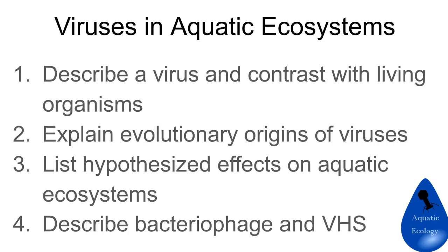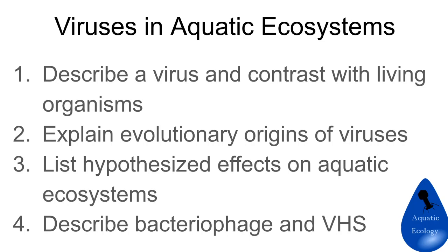So today, if you got all the information that I was trying to share in this video, you should be able to describe the physical components of a virus. You should be able to contrast that with what you know about living organisms. Viruses are considered non-living, so if you think about what's in a cell, you should be able to compare and contrast the two.